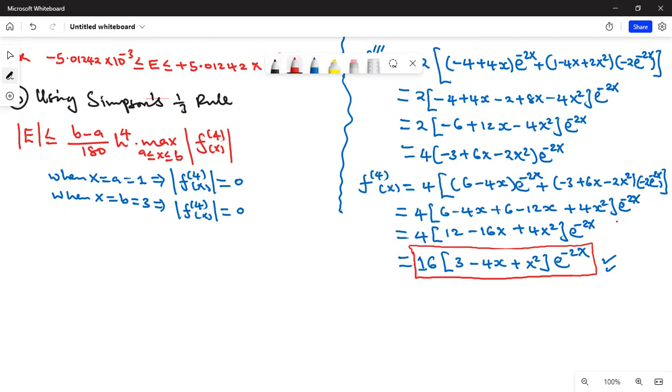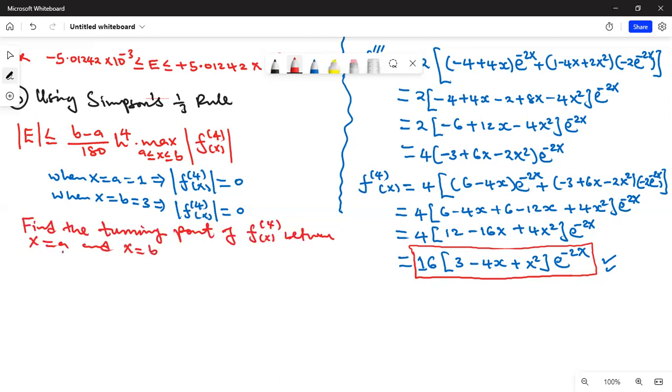So you can right now find the turning point of this fourth order derivative of the function, between x equals a and x equals b. Remember, a is 1 and our b is 3.